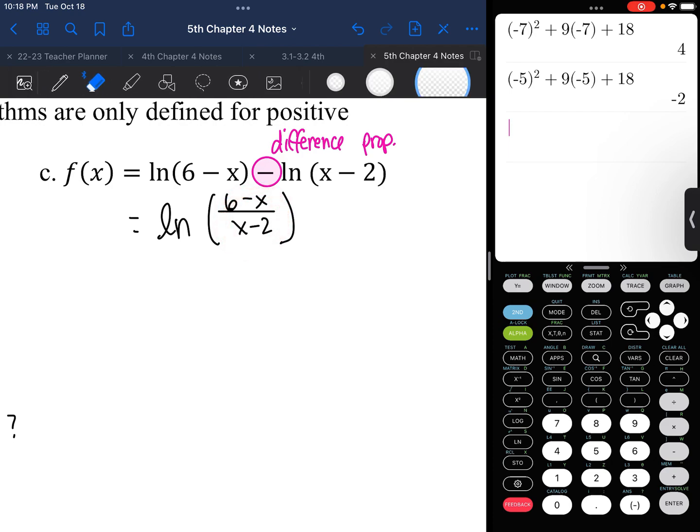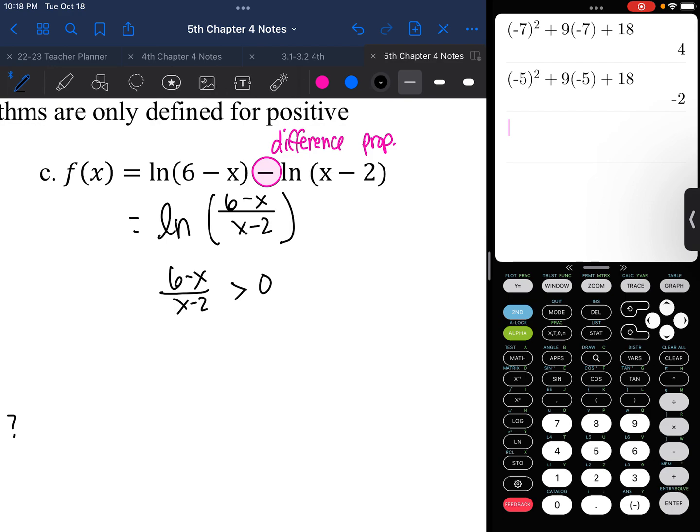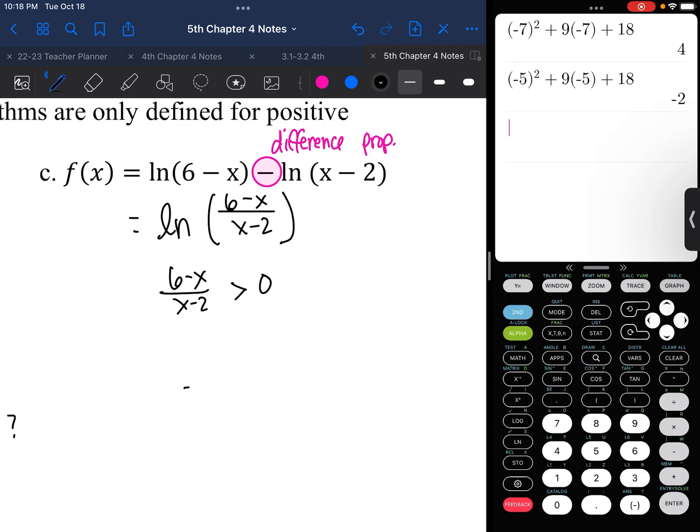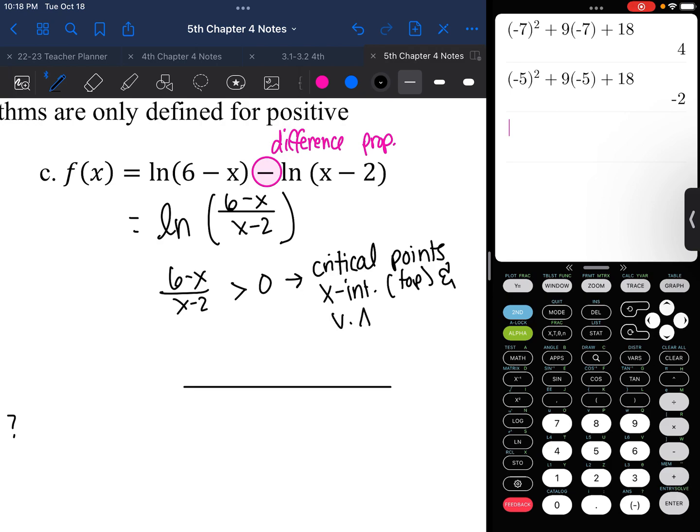So how do we figure out, again, we need the inside to be greater than 0. So how do we solve rational inequalities? This is something we've done in the past. So we need to get our critical points. Critical points for these come from x-intercepts, or the top, and vertical asymptotes, or the bottom.